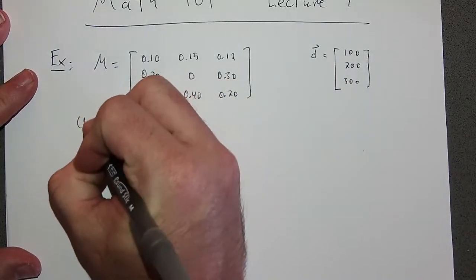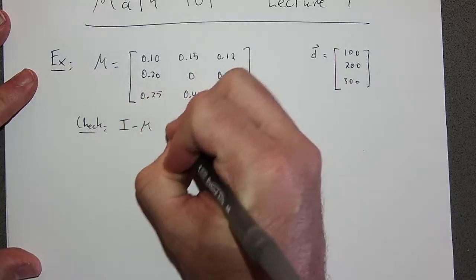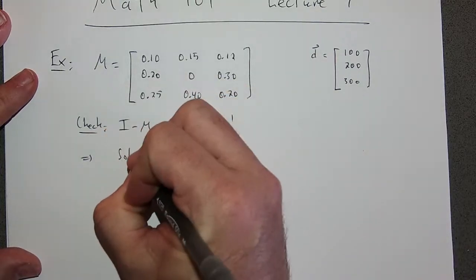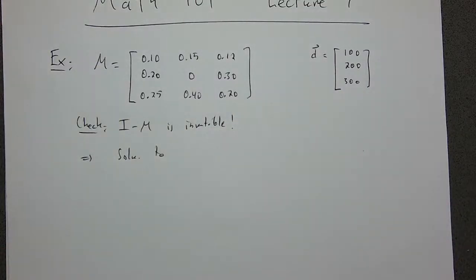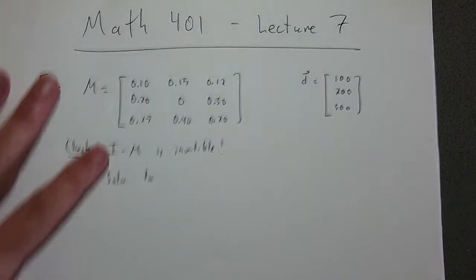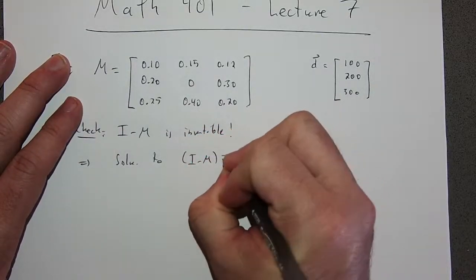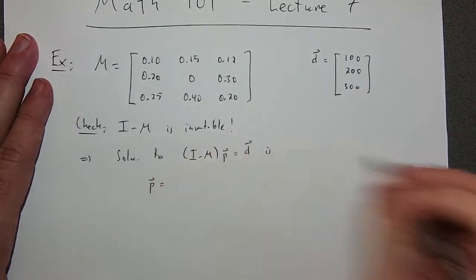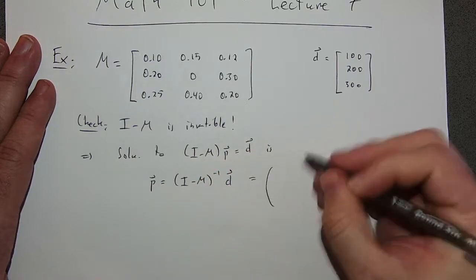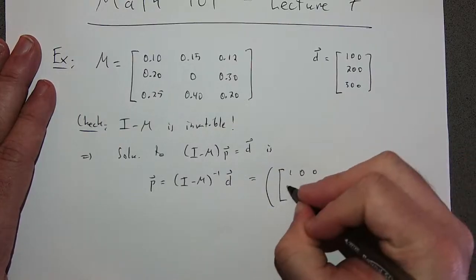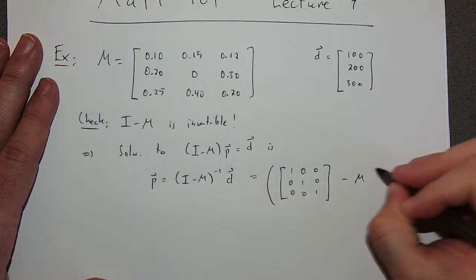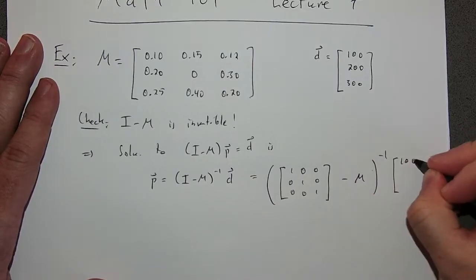So my solution, to recall, I have rewritten this input-output model equation so that the solution to I minus M P equals D is P, which is I minus M inverse times D, where I is the 3-by-3 identity, minus my matrix M, inverse, times my vector D.